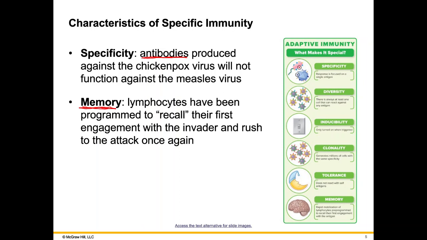Memory means that our immune system essentially remembers something that it's come in contact with before. It has the ability to recall its first engagement with some kind of pathogen, and that helps it create a much more intense response the second time that it sees that pathogen again.